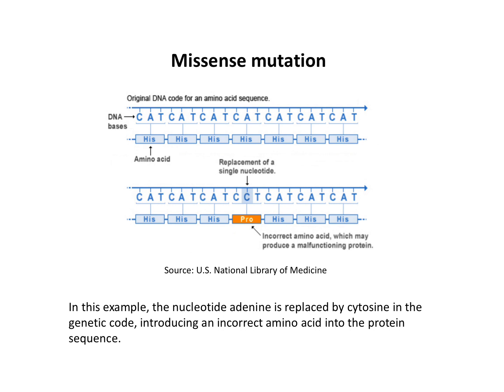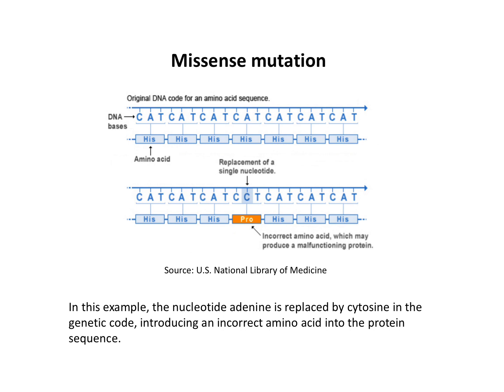So here is the diagrammatic representation of missense mutation. You see the original DNA code, that is DNA bases, all coding for the amino acid histidine. And then what is happening is replacement of a single nucleotide, that is nucleotide adenine is replaced by cytosine.